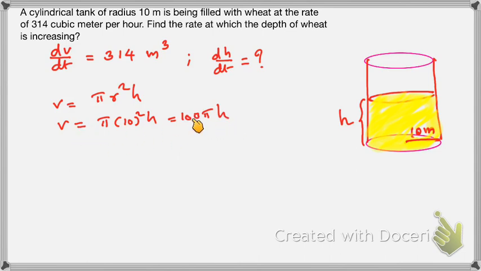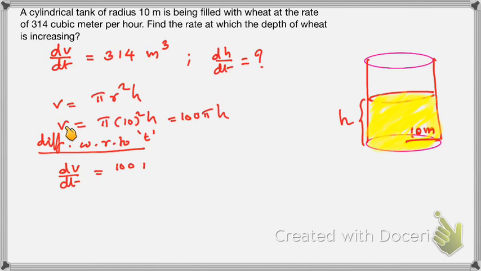And if you have a relationship between V and h, now I can differentiate with respect to t. So differentiating with respect to t, V becomes dV by dt, which is equal to 100 pi, the coefficient which stays there, and the derivative of h with respect to t is dh by dt. Into this, I know what dV by dt is.